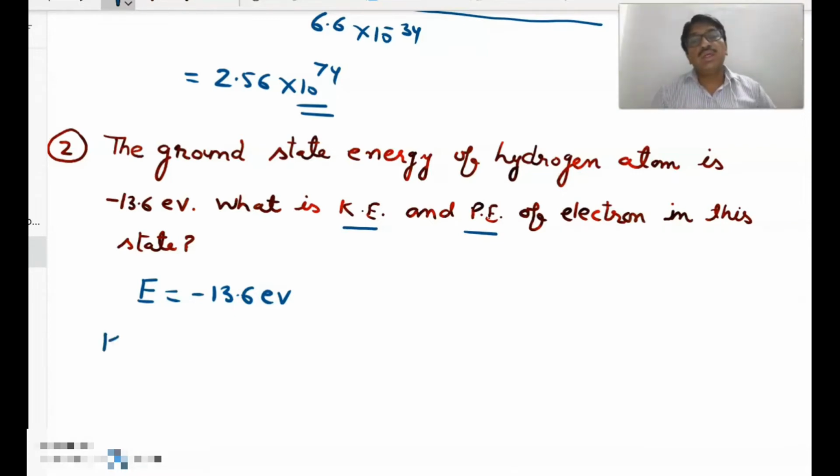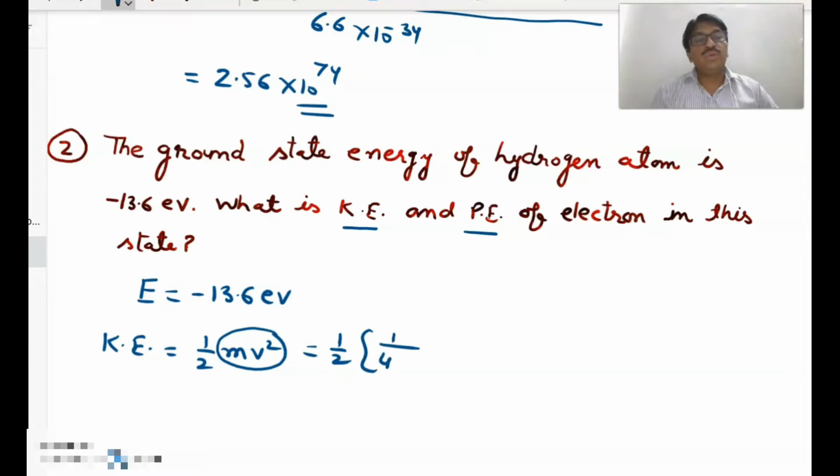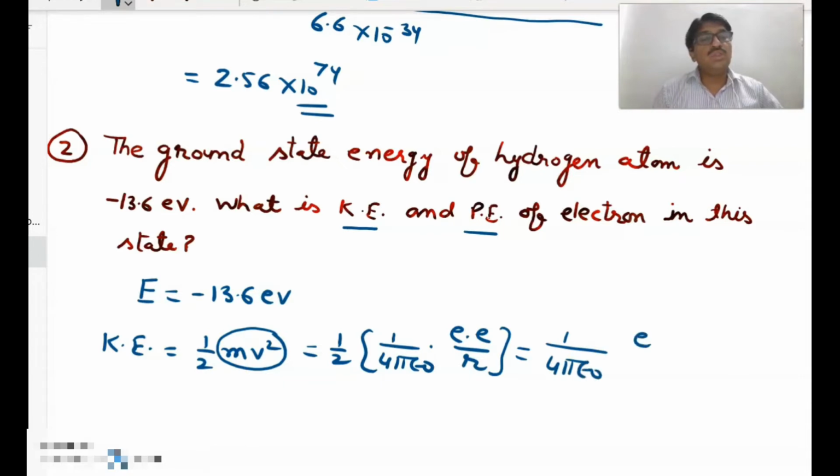We know that the kinetic energy of the electron is equal to half mv², and mv² is equal to 1 upon 4πε₀ e² upon r, so kinetic energy is 1 upon 4πε₀ e² upon 2r.